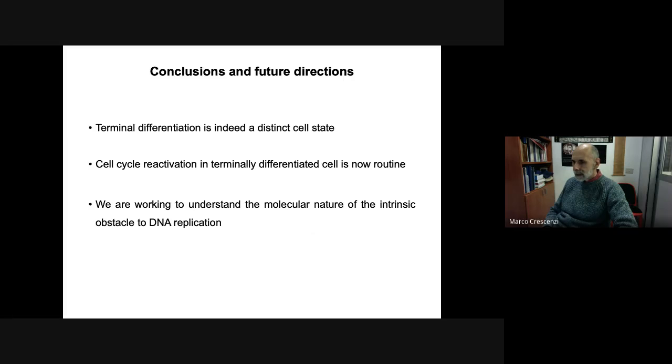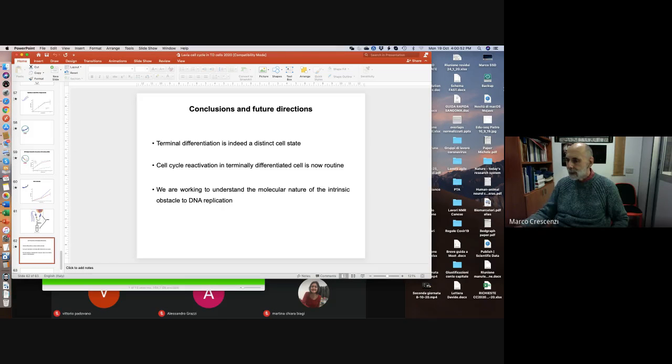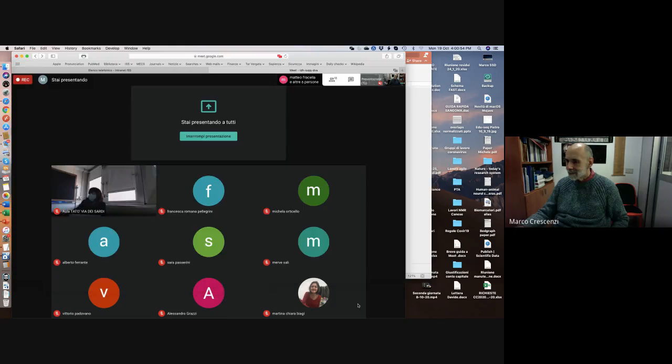And so we are working, or we will be working, on understanding the molecular nature of this problem, which we regard as the last problem before we can finally reactivate the cell cycle, the proliferation of terminally differentiated cells. And this is all. And of course, if you have questions, I would be more than happy to answer them.